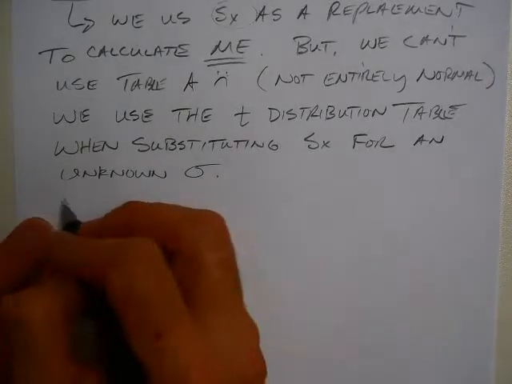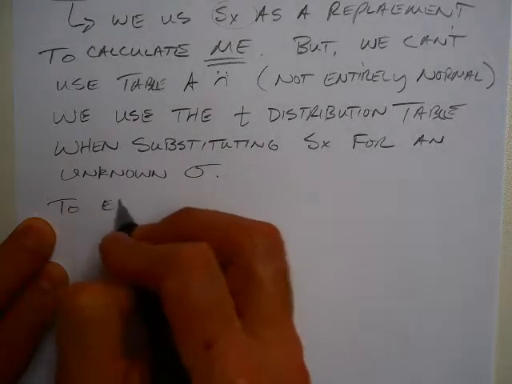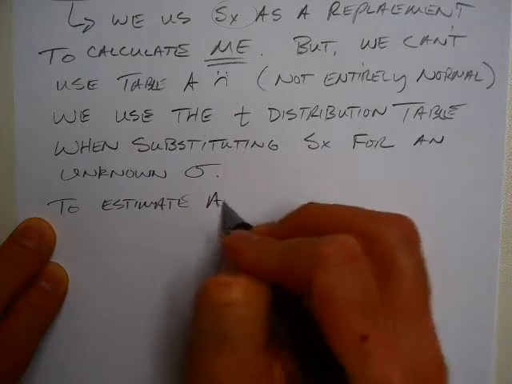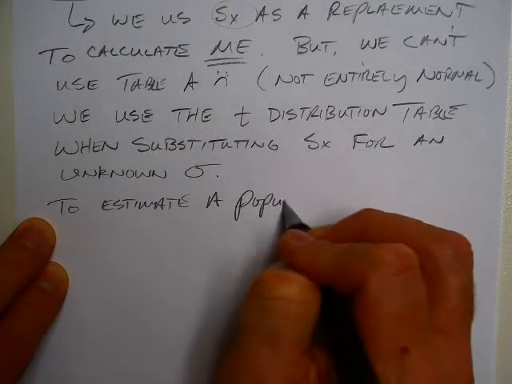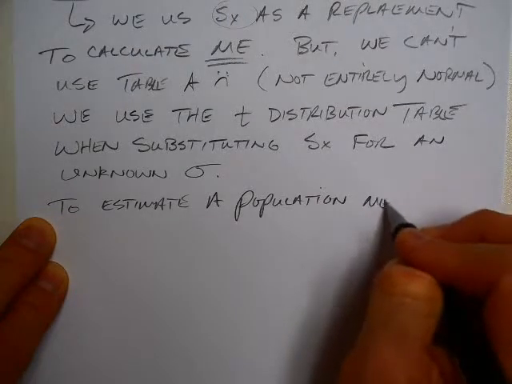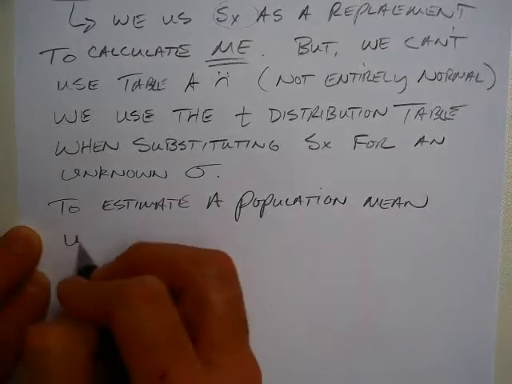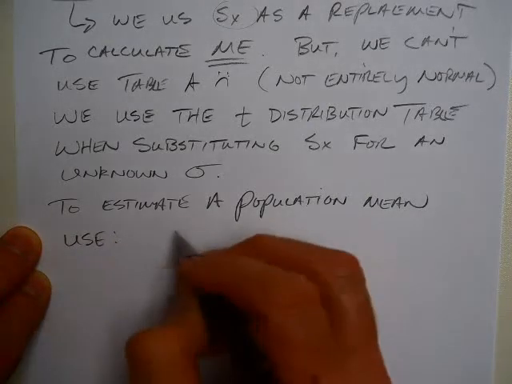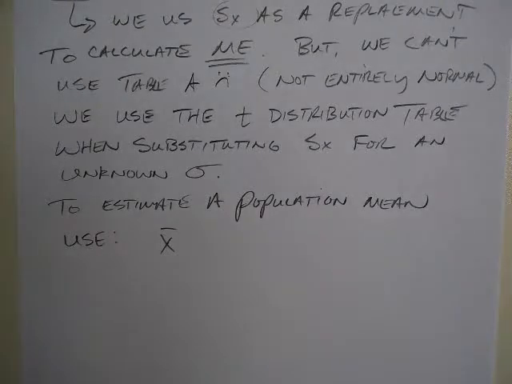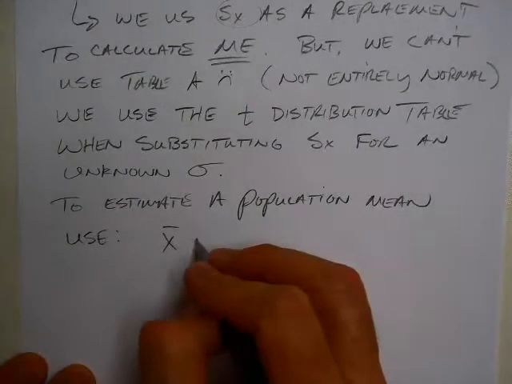So to estimate a population mean, use x bar. X bar we can get from any sample, right? We can do one var stats or whatever if we have a sample of data.